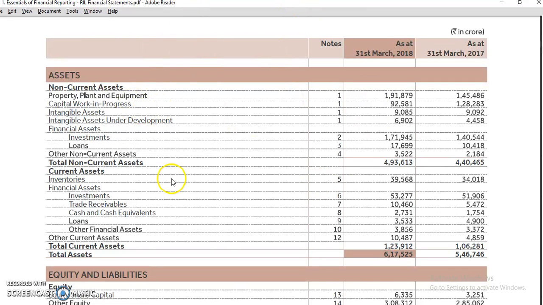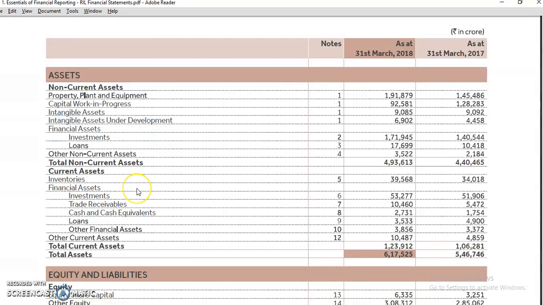So let's start. We are looking at the first column, which is the assets. Here you can see the assets are divided into non-current assets, and then there are current assets. Non-current assets, as we learned in the previous video, are assets which are going to be used or can be recovered beyond 12 months.